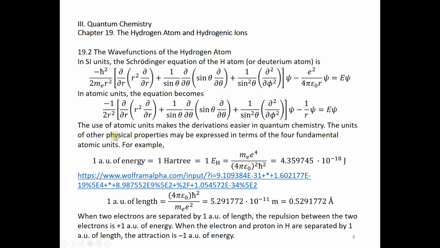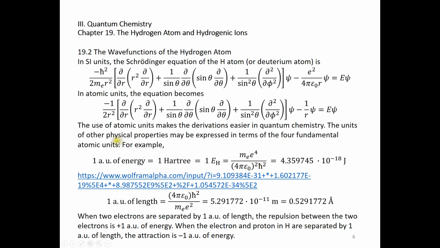The units of other physical properties may be expressed in terms of the 4 fundamental atomic units. For example, 1 atomic unit of energy is called 1 Hartree, denoted by E sub h. It's defined by the mass of electron times the charge to the power of 4 divided by 4 pi epsilon 0 squared and h bar squared.